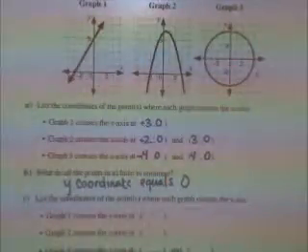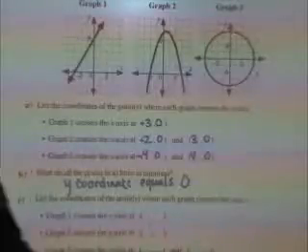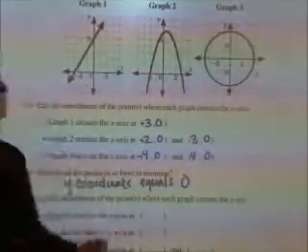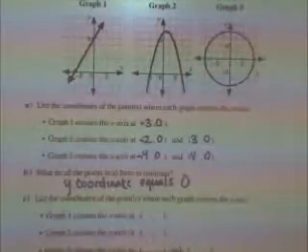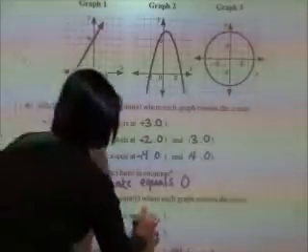Okay. So now in the next part, go back to the 3 graphs again, and we're going to identify where they cross the y-axis. So the y-axis is my vertical. Where does graph 1 cross the y-axis? 0 and 5.